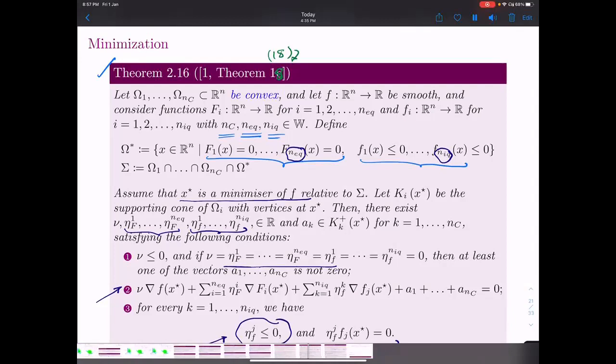So if you are at the boundary, fj becomes 0, therefore eta is not determined, becomes 0. All right.